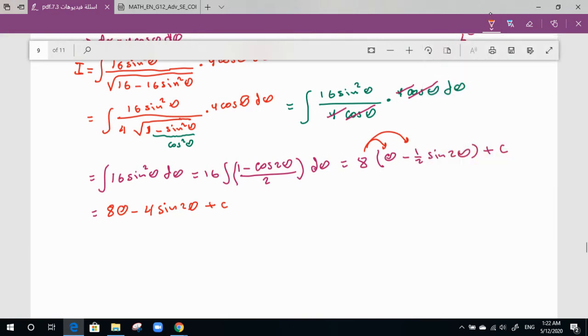Now, what about sine 2 theta? From the identities which I memorized before, sine 2 theta is 2 sine theta cosine theta.